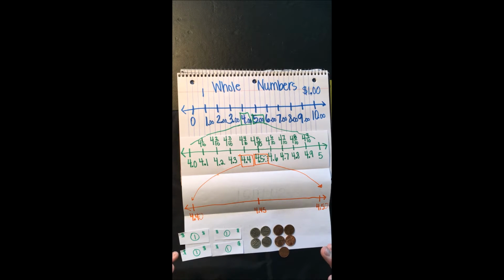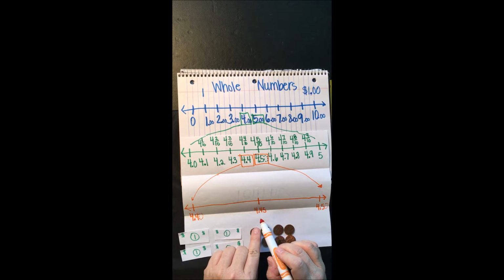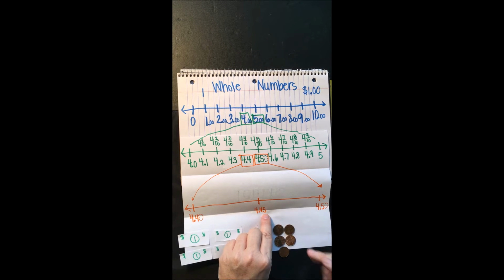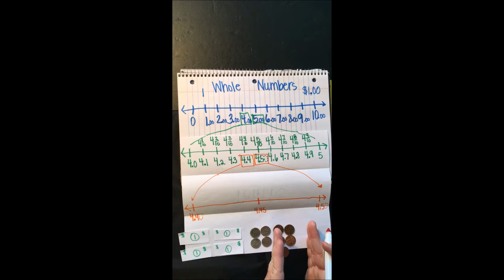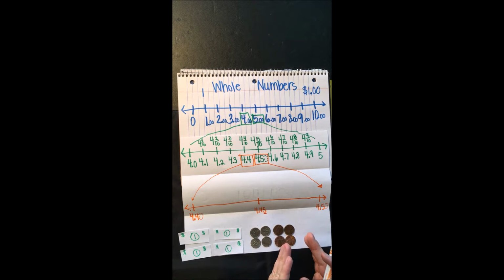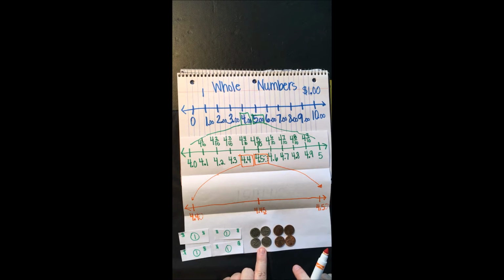So now if I say to the students, okay, I have $4.45, and I would read this as a decimal now, 4 and 45 hundredths, because this 5 is ending in the hundredths place. So if I take away one penny, I'm just taking away 1 hundredth, I now have $4.44.